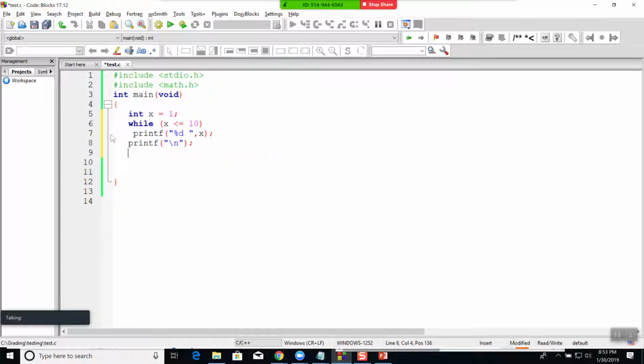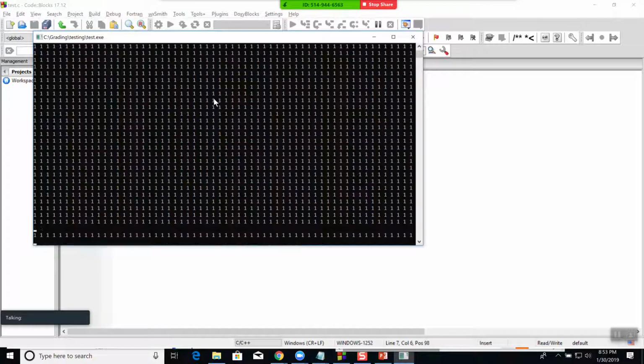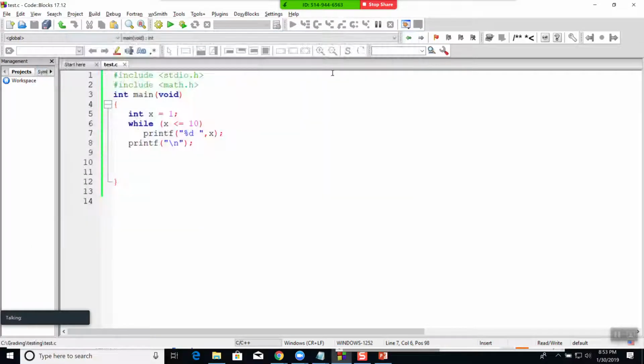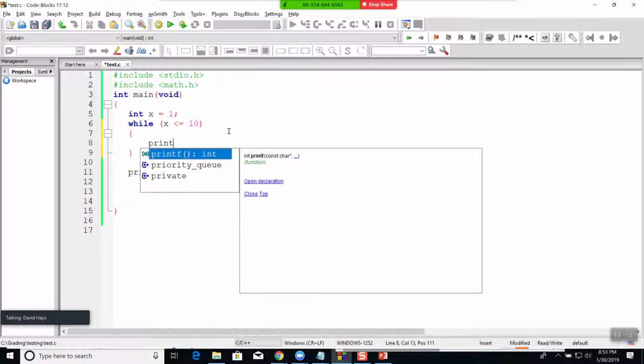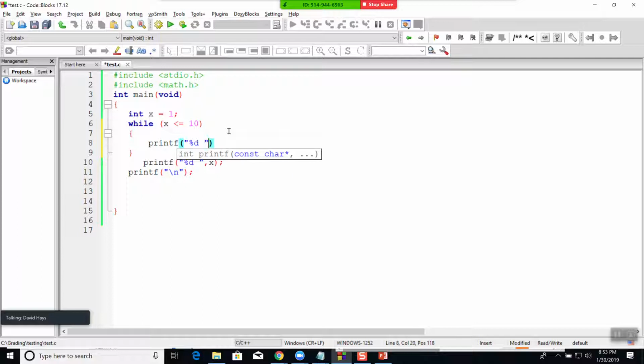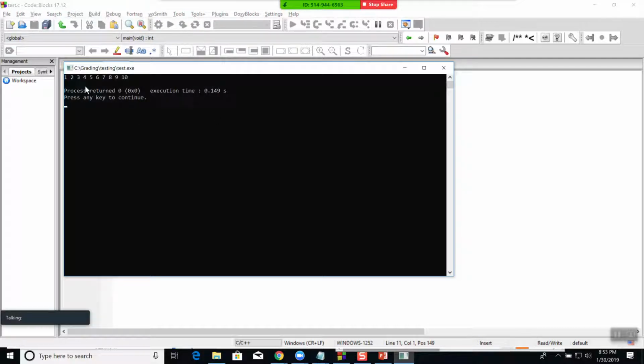There we go. Helps to actually increase it. Okay, let's try that again. My infinite loop I just wrote. Printf %d space, x, x equals x plus 1. I just printed the numbers from 1 to 10.